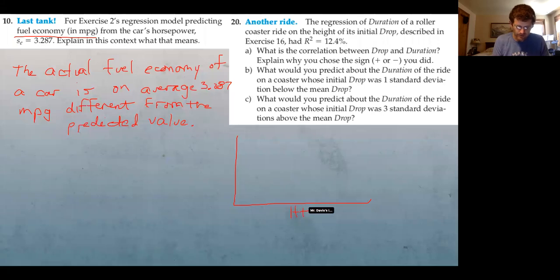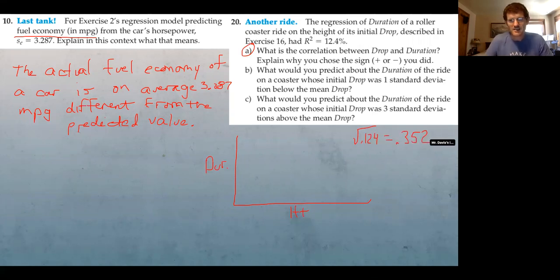So this is what our scatter plot would look like. Okay, R squared is 12.4%. Let's figure out the correlation. That's what part A is saying. So of course we can do the square root of 0.124. So we have 0.352.